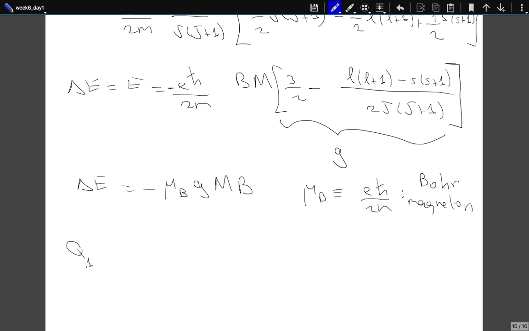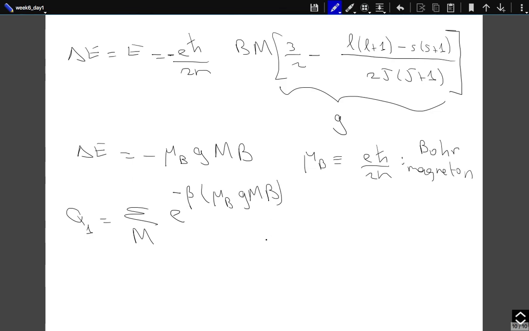Then the Q1 for this system. The possible microstates for a fixed L, S and J, which for us will be the important ones, will be just the sum over m of e to the power minus beta times mu B g m times B. Now here there is a minus sign. This is sum over m e to the power... if you remember in the previous case we had the magnetic moment.